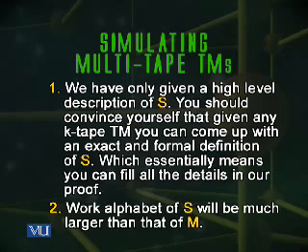Note that the work alphabet of S is going to be much larger than that of M. We will need to include all the work symbols of M into the work symbols of S, and we would duplicate these work symbols and put a dot on top of them, and also include those as work symbols of S. We would also need to include the hash sign to be another work symbol of S.